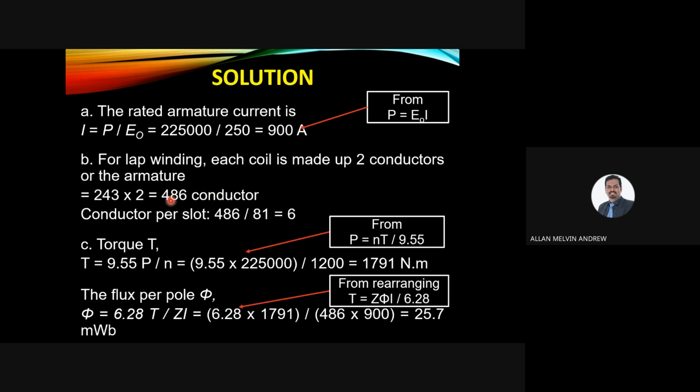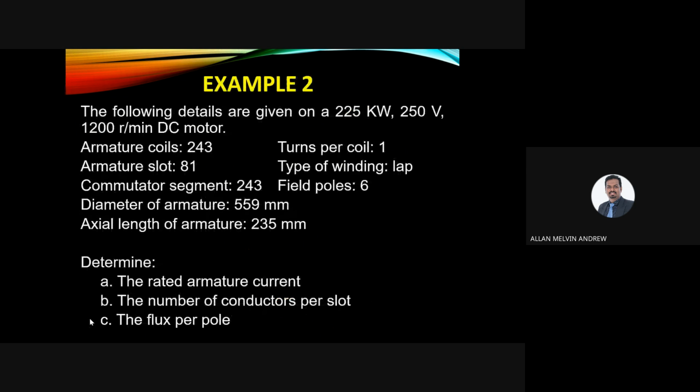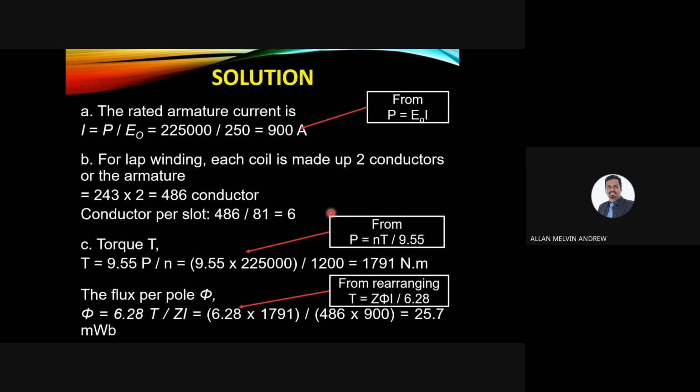The question asks to find the number of conductors, so we multiply this by 2 and get 486 conductors. But the question asks for the number of conductors per slot. Here we have 81 armature slots, so we divide by 81. Each slot will have 6 conductors.